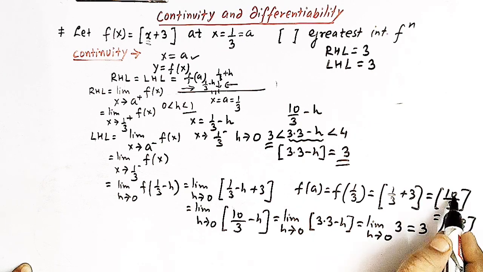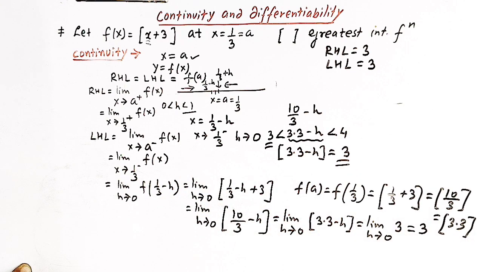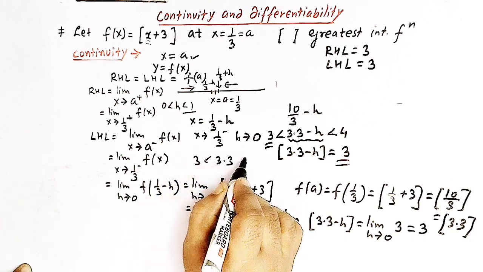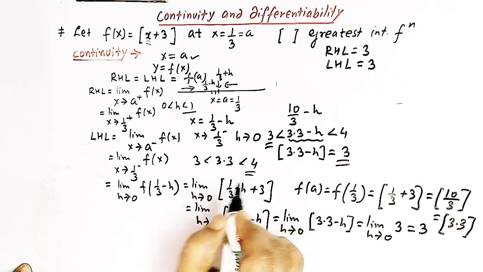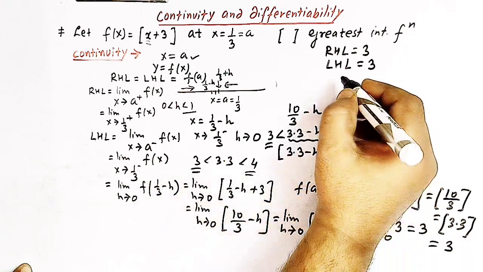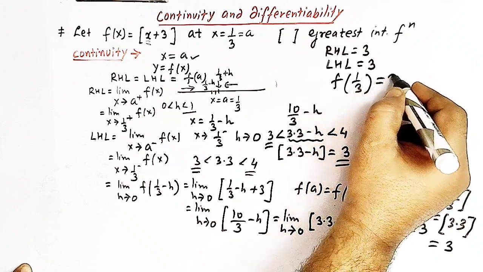So approximately 10 over 3 is 3.3. So again, by the definition of the greatest integer function, 3.3 lies between 3 and 4, right? So the greatest integer of 3.3 is equal to 3. So f of 1 over 3 is equal to 3.